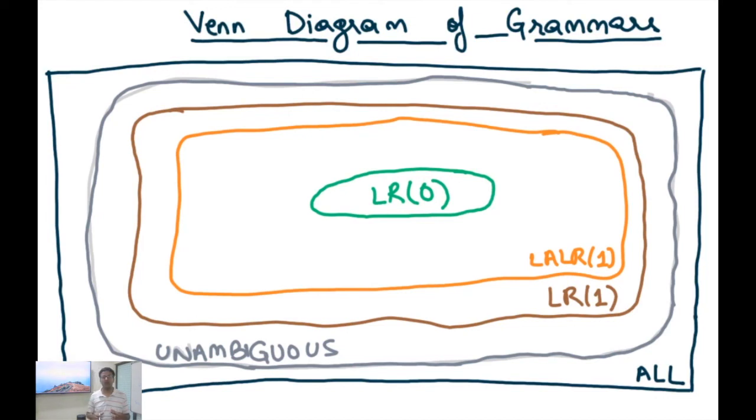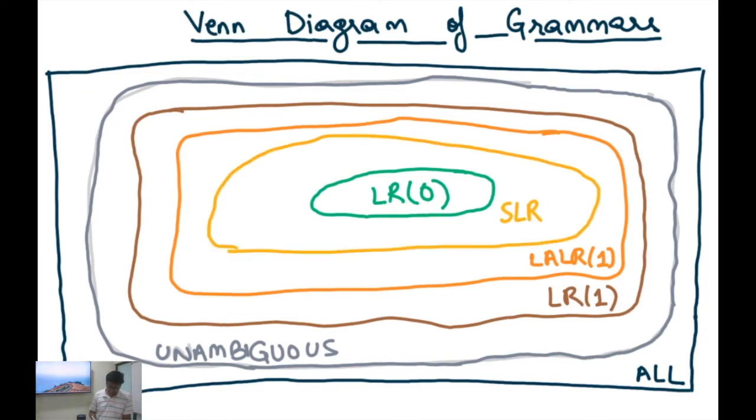Anything that you can parse at LR0 you can always parse at LR1, because we just have 1 extra look ahead. But the interesting thing is LR0 is also a subset of LALR1. And there is yet another algorithm called simple LR or SLR, all right? And simple LR is weaker than LALR, but strictly stronger than LR0. Okay, most grammars in practice are LALR1, and that is what is actually implemented in tools like Bison by default.